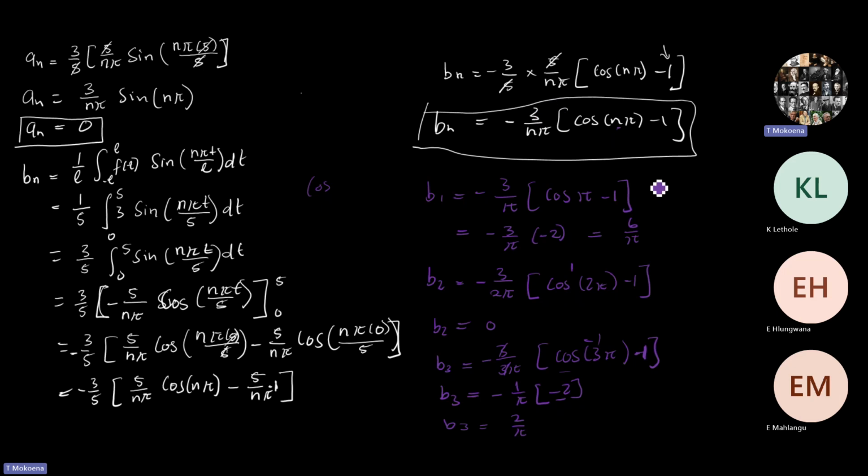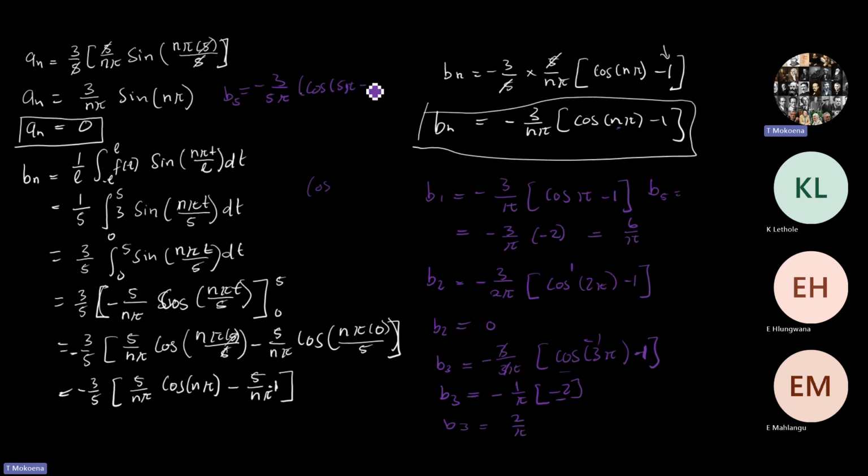So rather we would jump to b what? B5. I guess we just want only 3 terms. We want 3 terms. So now B5, when we substitute, let me write it here. I don't think I have enough space there. B5, we're gonna get -3 over 5 pi, cos 5 pi here.